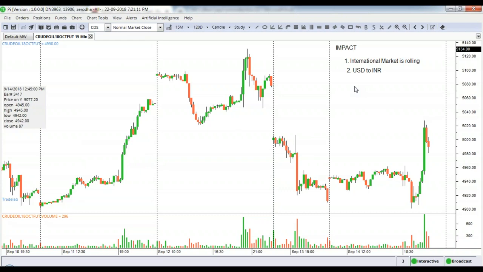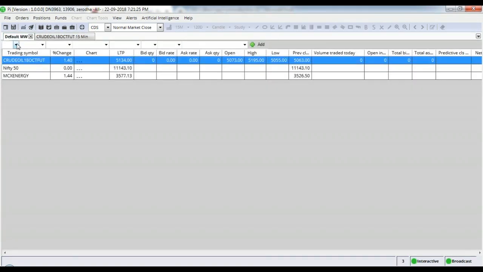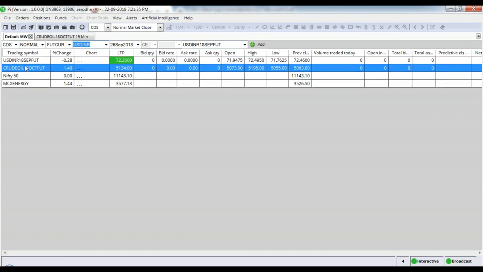Now, at any time, if say the USD gets really, really very expensive vis-a-vis whatever is happening in this market, let's look at it. So this is the USD INR pair, right?